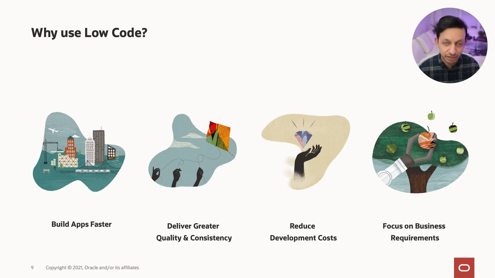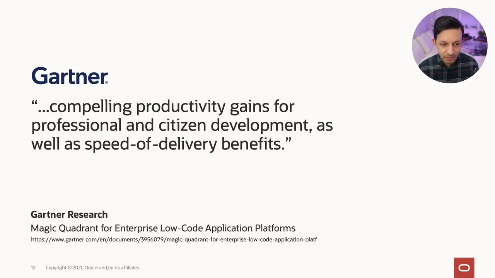All of these facets of application development, which I'll get into in a bit later, are taken care of for you, and you can concentrate on solving the business issues. And Gartner says that the reason why someone would choose low-code platforms is because of compelling productivity gains and speed of delivery benefits. So productivity and speed of development.